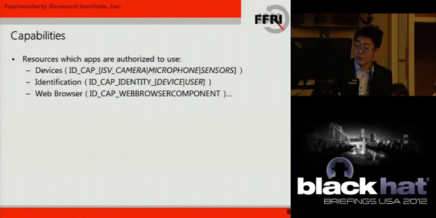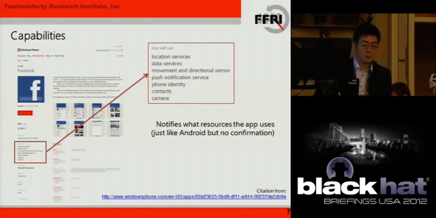And more interestingly, use of special components such as the web browser. So let's look at the Windows Phone Marketplace website. This is the description page for the Facebook app. In this page, you will see the app will use location services, data services, and so on. This notifies what resources the app uses, just like Android.